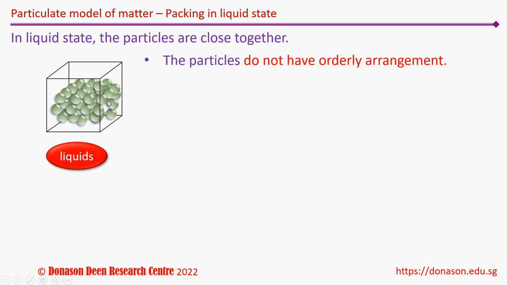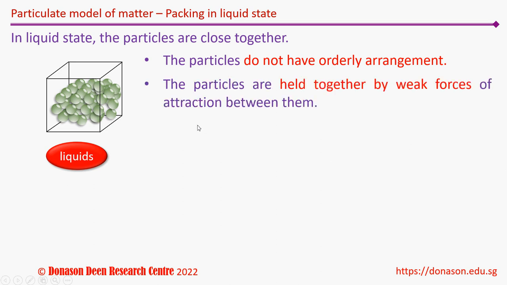However, if you look at the particles, they are not as orderly arranged as what we witnessed in the solid state. So the particles in liquid states do not have an orderly arrangement, or we call it they have a short range order. And the particles in liquid states are still held together by some weak forces of attraction between them, okay, such as van der Waals forces or hydrogen bonds or whatever.